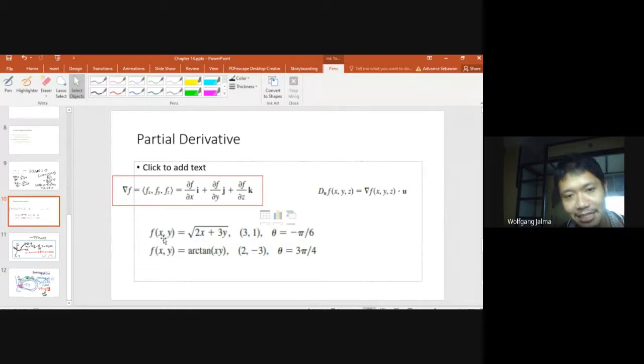Here is the exercise. Basically the question is to find the partial derivative at this point in this direction. Is it okay for you to do this exercise? Can you open your mic or type to explain something?